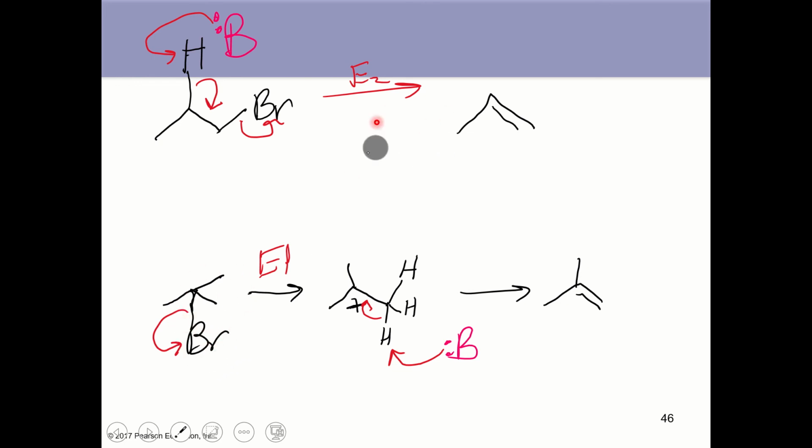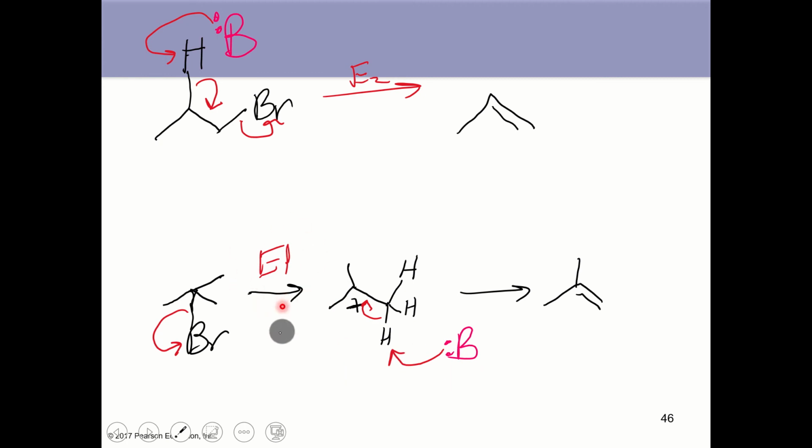So how can you distinguish whether this tertiary alkyl halide is going to undergo an E2 elimination or an E1 elimination? It's going to depend on the strength of the base and the type of base present.